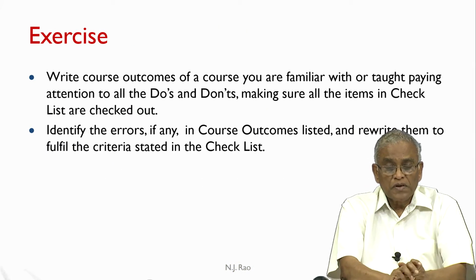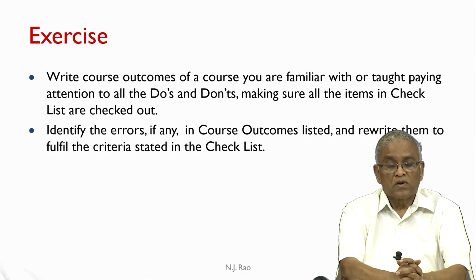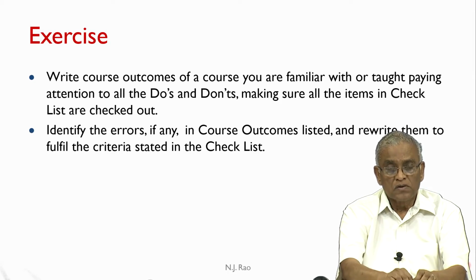So, what we now request you is, as an exercise, write course outcomes of a course you are familiar with or have taught, paying attention to all the do's and don'ts, making sure all the items in the checklist are checked.